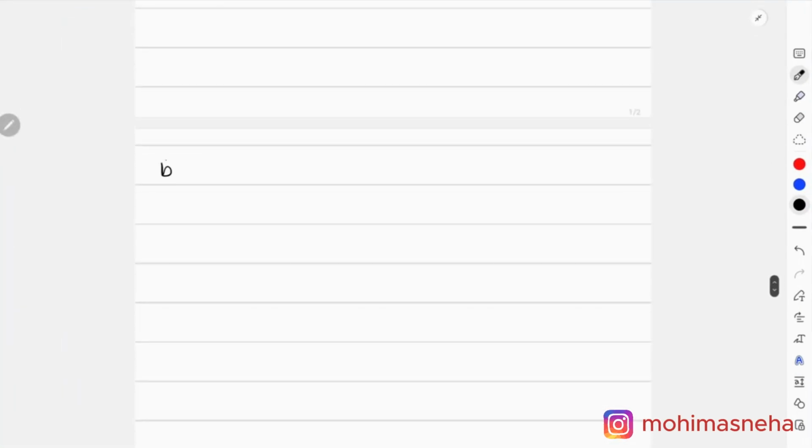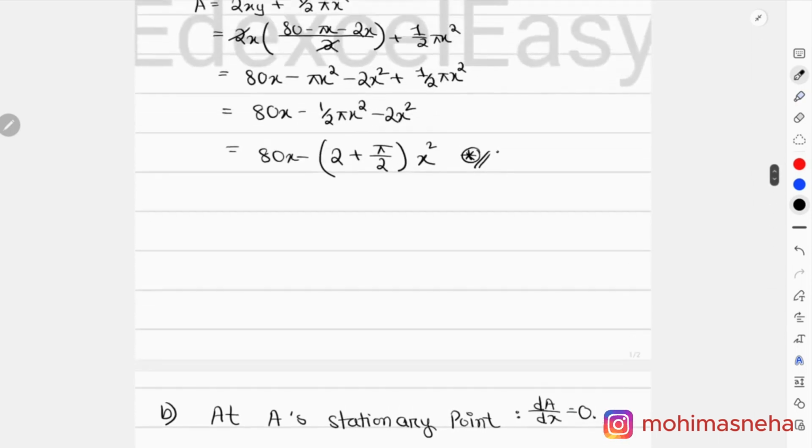For part B, we're going to write that at A's stationary point, dA by dx is supposed to be 0. Okay, so in that case, differentiation for this equation is going to be 0. It's better to use this format than use the other format, right?